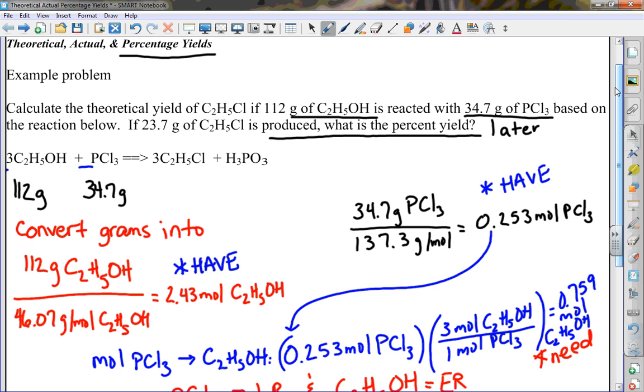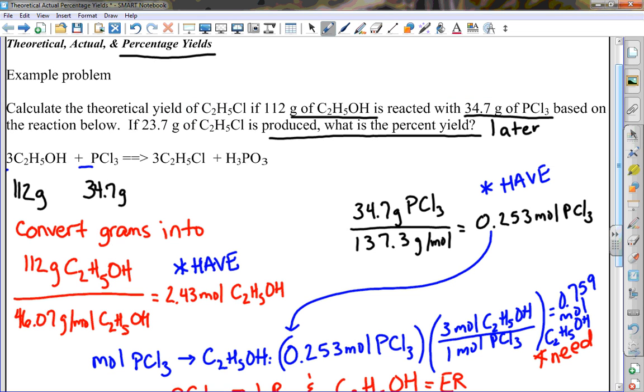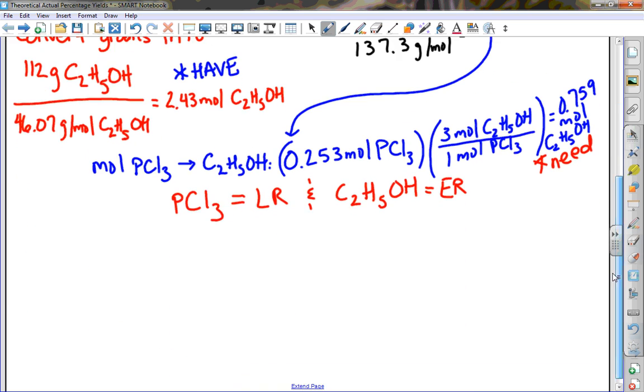All right, so let's try the theoretical yield of our product, which really means the grams produced. So let's go back down and look at what we've got here. We're going to take the moles of our limiting reactant.